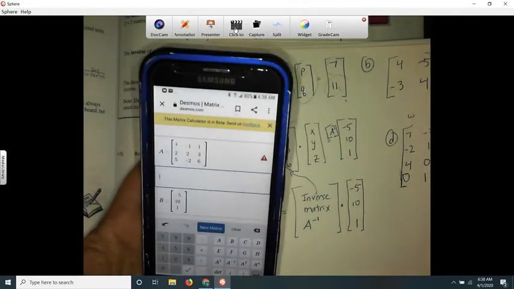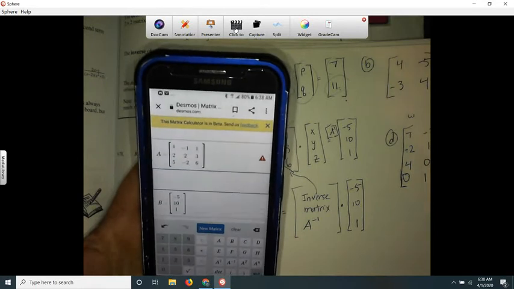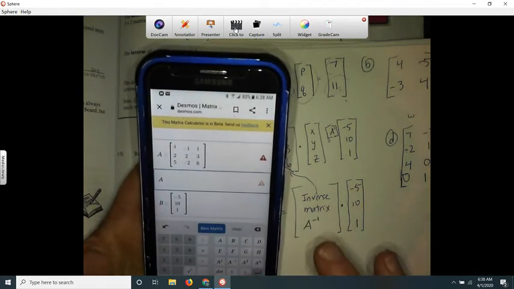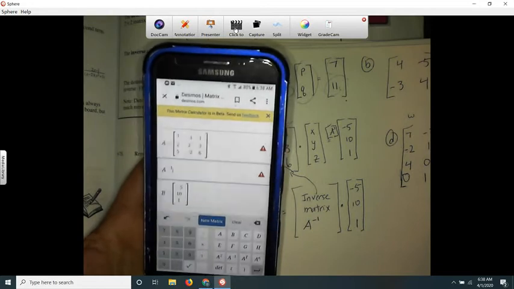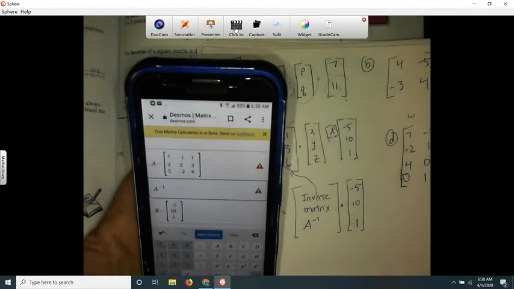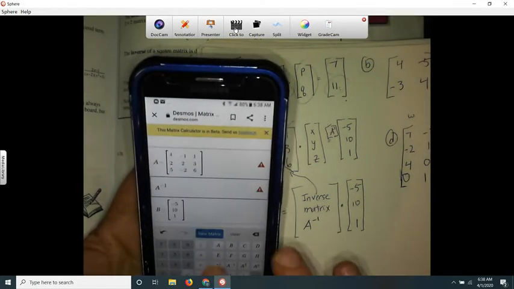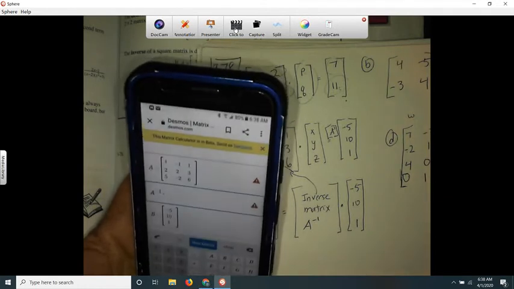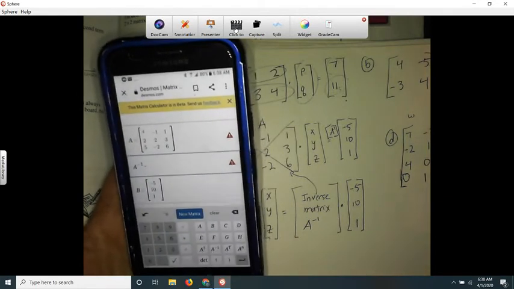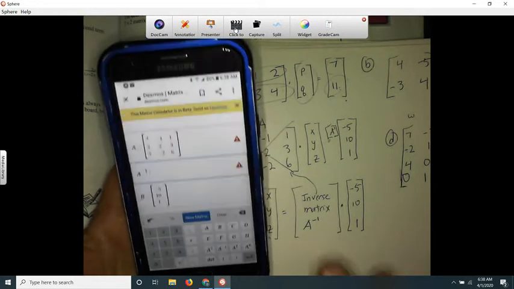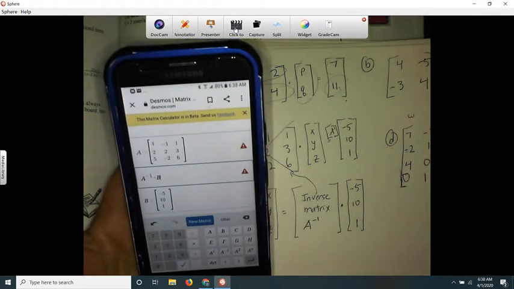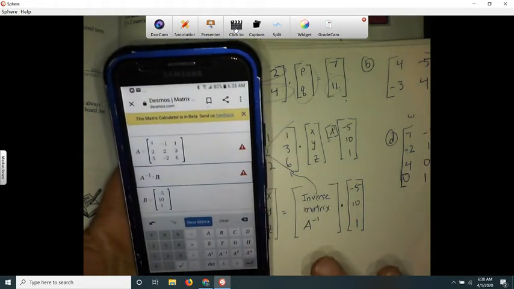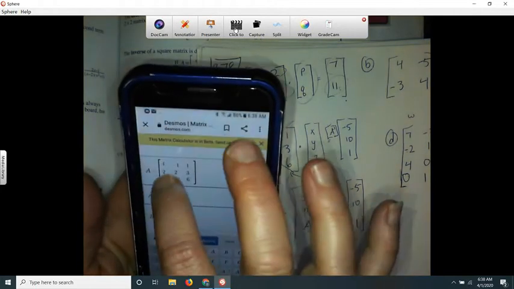So what I want is A inverse. So A, there we go. A inverse times, I need better glasses or something, times B. Okay, it's not working because something's wrong with my 4.